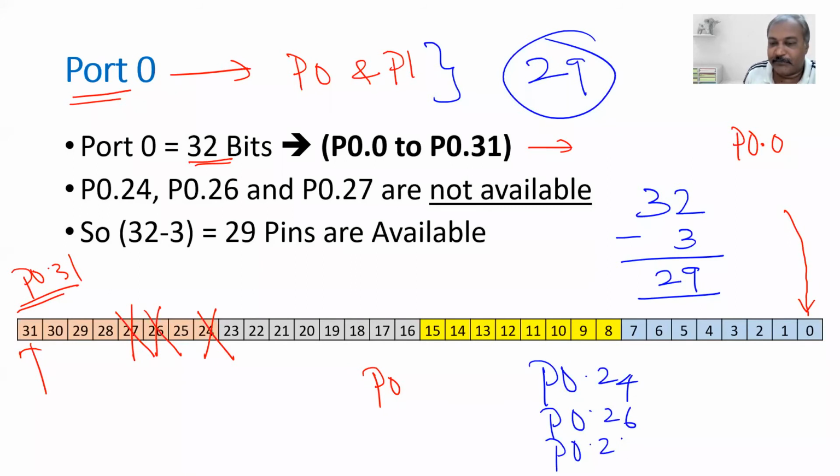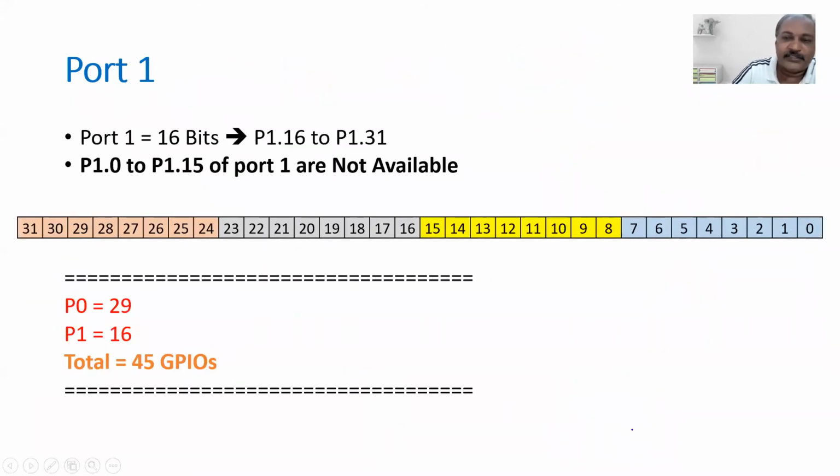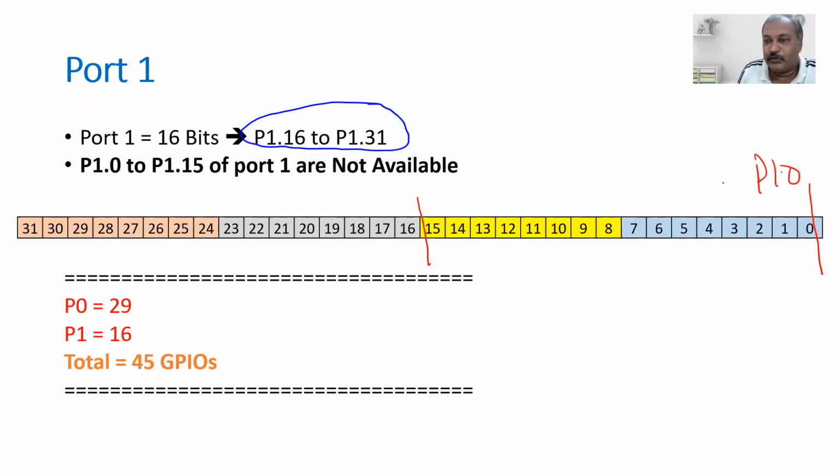This is for port 0. For port 1, interestingly, port 1 starts from port 1.16 to 1.31. That means the bottommost 16 pins, from P1.0 to P1.15, are totally not available.